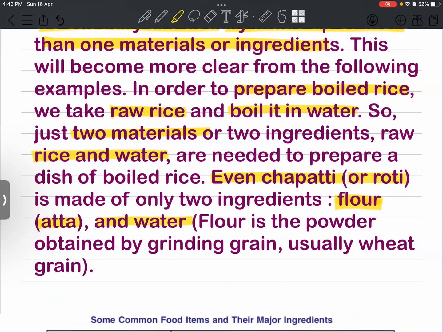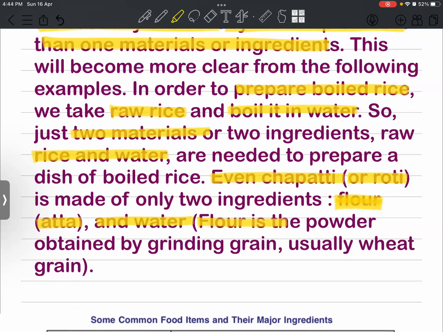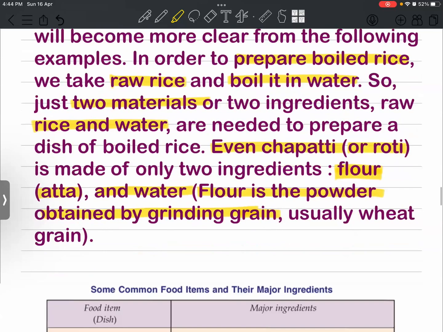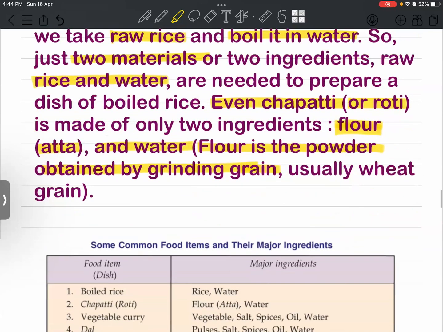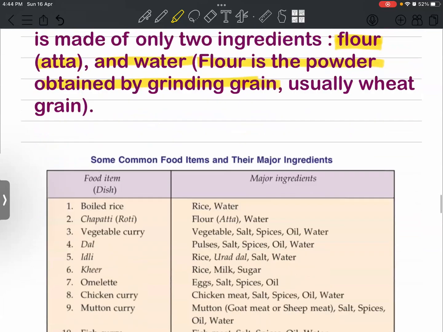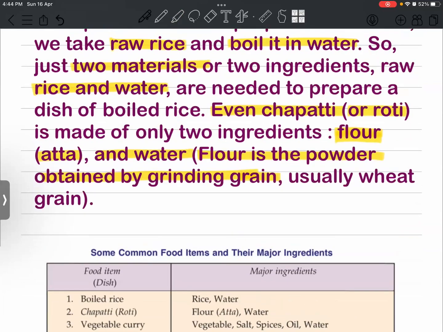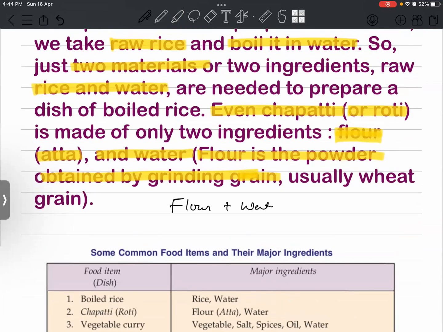Flour is the powder obtained by grinding the grain. Here we need dough that contains water. So flour plus water, you mix it and it becomes a dough that is used to make chapatis.